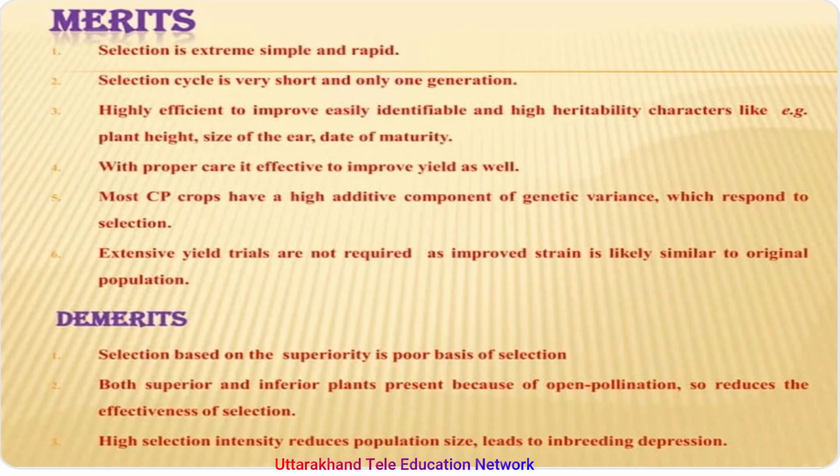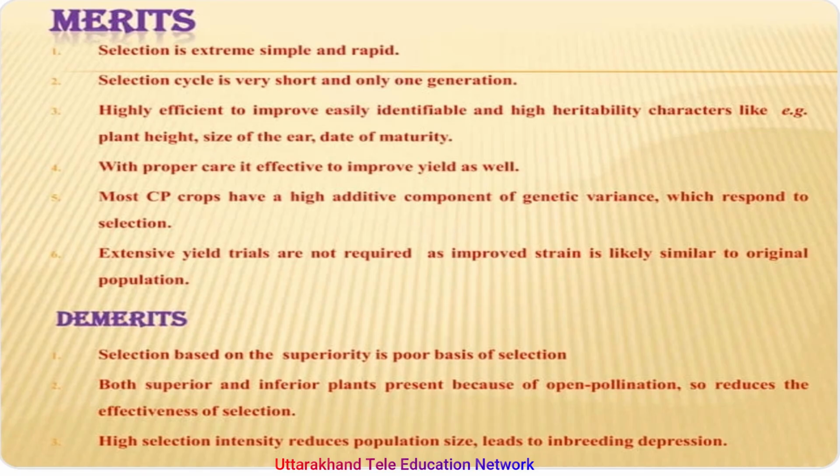With proper care it is effective to improve yield as well. Most crops have a high additive component of genetic variance, which responds to selection. Extensive yield trials are not required as the improved strain is likely similar to the original population.